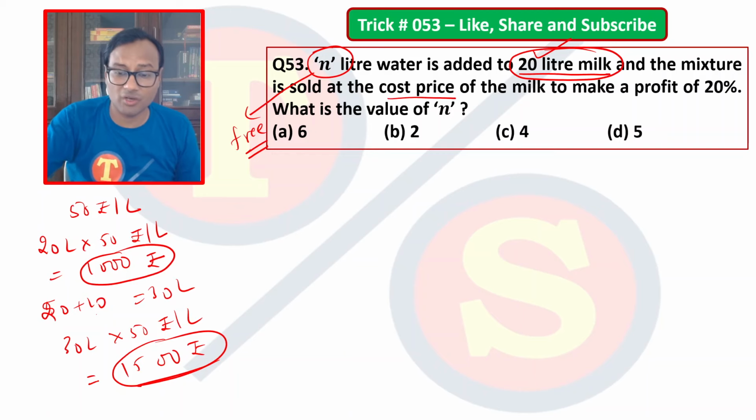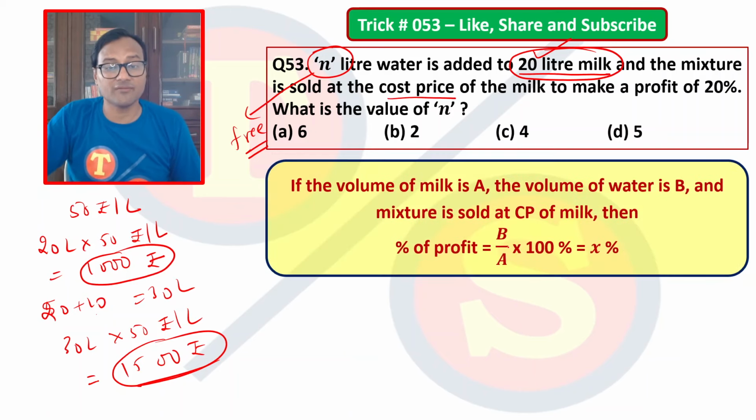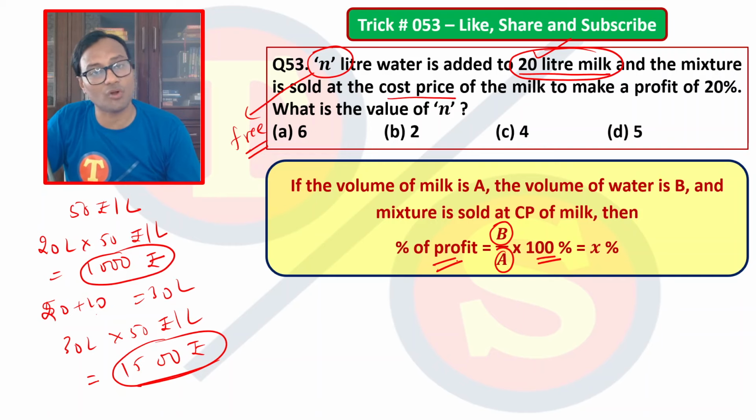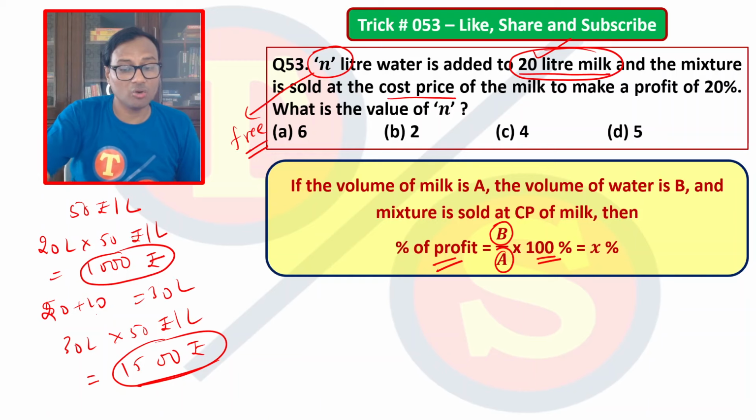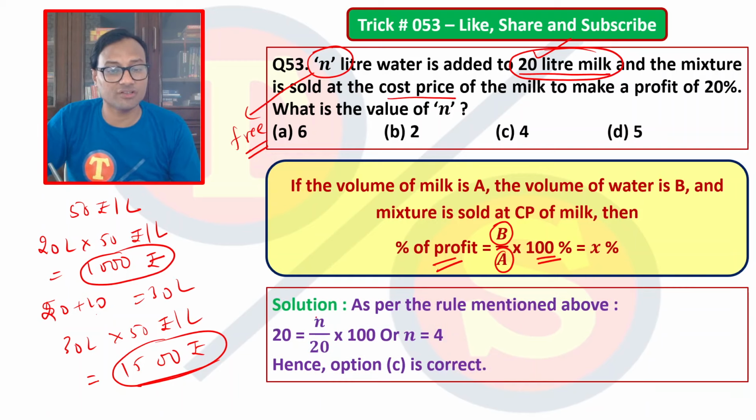But what is the formula? The formula is that you have to take the quantity of the impure substance, divide it by the quantity of the pure substance, multiply it with 100, and this will give you the percentage of profit. Okay, so now in this case, the quantity of the impure substance is n liter. The quantity of pure substance is 20 liter. n by 20 into 100, that is the profit percentage.